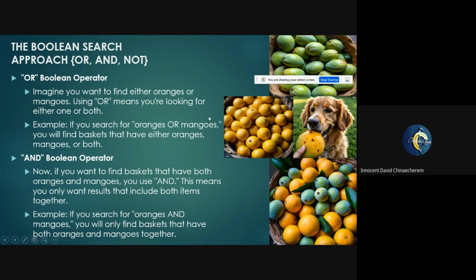So for example, I want to choose mangoes, right? I'm interested in mangoes that are yellow or mangoes that are green. That is the OR, right? Or I'm interested in oranges or mangoes. So if I hit my search term, it's going to yield either oranges or mangoes. So I'm going to get more, larger results, right?